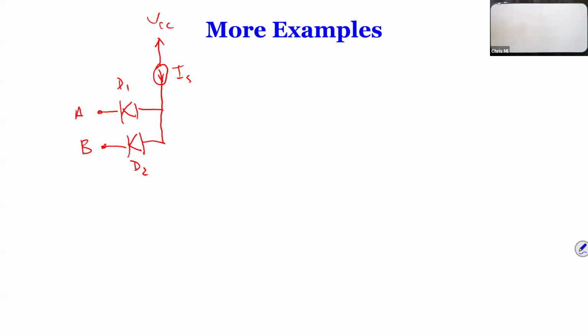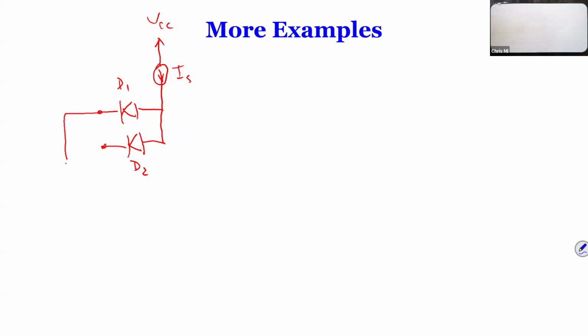Suppose you have a circuit like this. You have D1, D2, and you have a current source flowing down. Which branch do you think the current will go? Well, it will depend on the voltage at the 2 terminals.